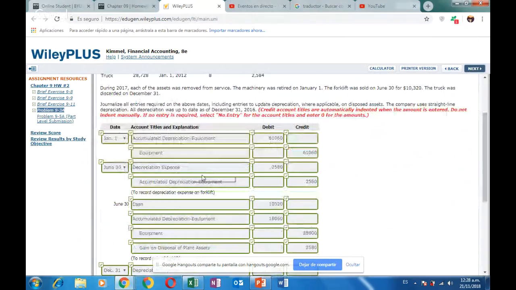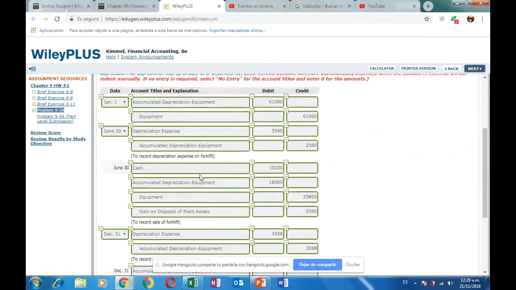We will debit depreciation expense and credit accumulated depreciation, equipment. Then next, we need to record the sale. We will record the accumulated depreciation, equipment, and we will debit the cash.